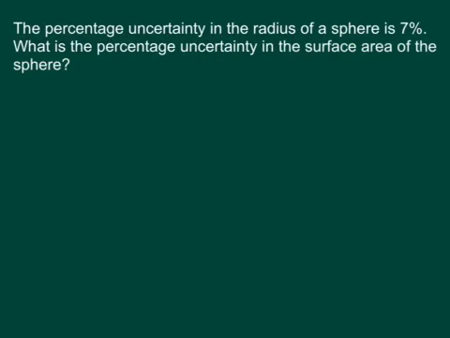Here's another problem involving percentage uncertainty, and it's a problem that uses the radius of a sphere. The question says the percentage uncertainty in the radius of a sphere is 7%. What's the percentage uncertainty in the surface area of the sphere? So I'm going to use the same trick that I showed you in the last problem. I'm going to find the percentage uncertainty in r squared. And that's simply 2 times the percentage uncertainty in r.